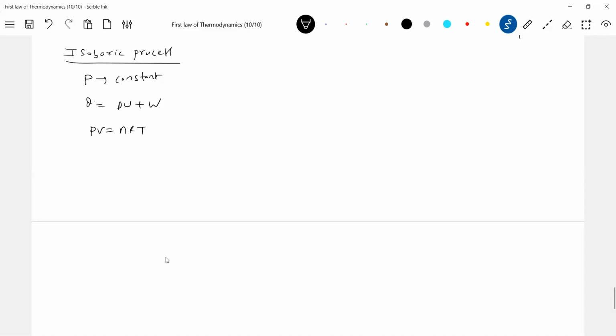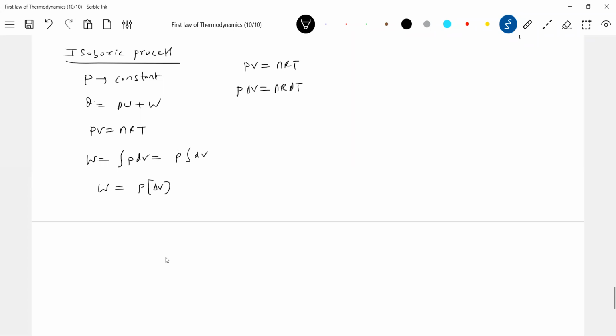Pressure constant, so PV equal to nRT, pressure constant. So therefore, let me calculate work done. Integral of P dV. From the ideal gas equation, PV equal to nRT, pressure constant, volume changes, temperature should also change.